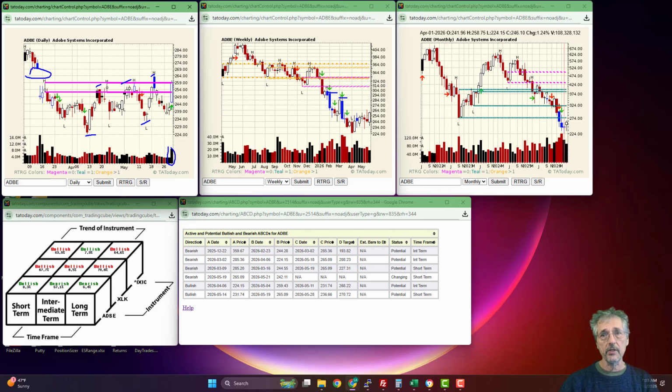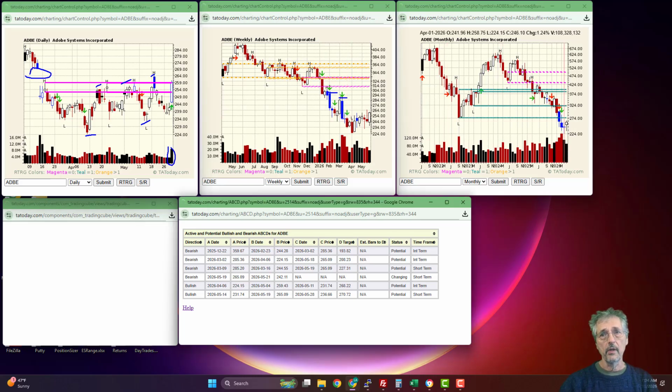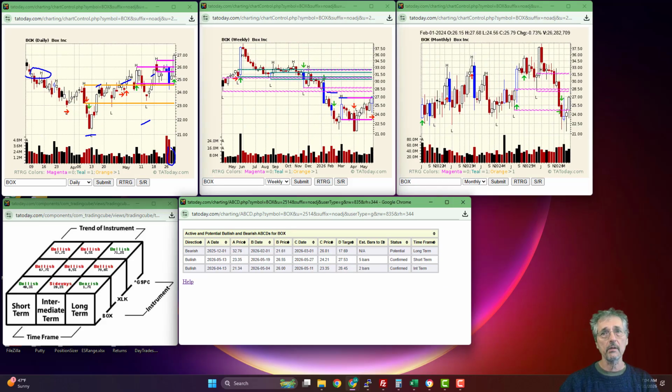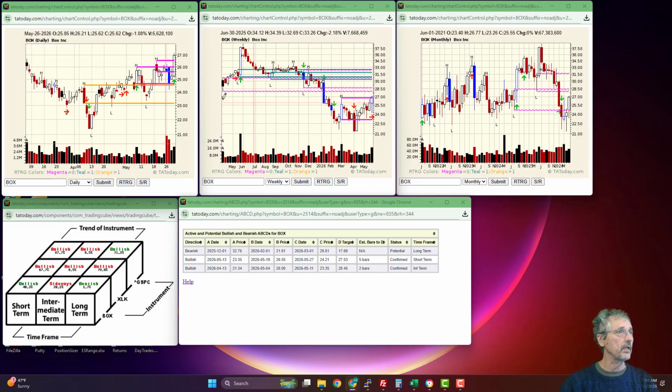I'm not going to go through all these, but I'll just show you a few more. Take a look at Box, for example. Box looks pretty interesting as well. If you look at Box, you can see here it just broke back above a swing point high on a weekly. You can see the continuation that's already started to take place over here on the daily. This thing's pushing up higher swing point lows all the way, higher swing point highs.